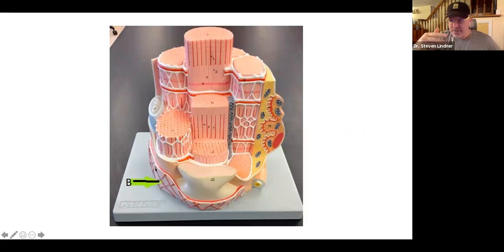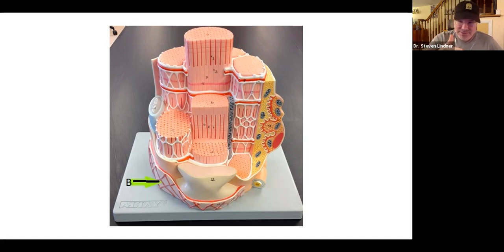Remember when we did muscles, there was an endomysium, a perimysium, and an epimysium, right? Endo, epi, and perimysium. In the nerve, there's an endoneurium, a perineurium, and an epineurium.